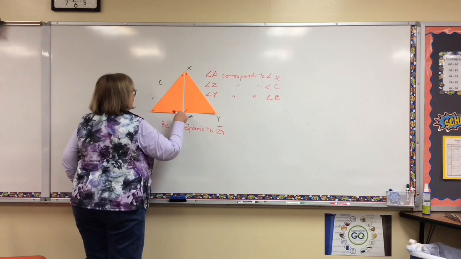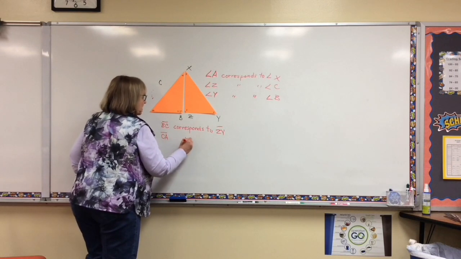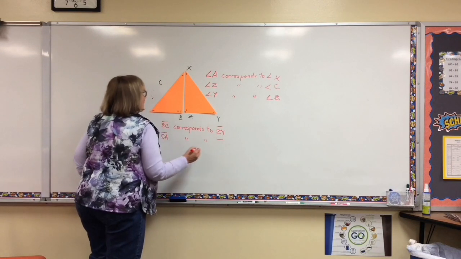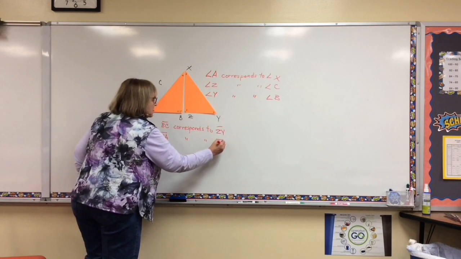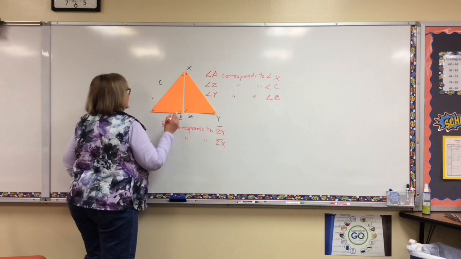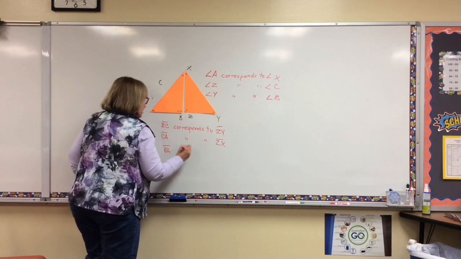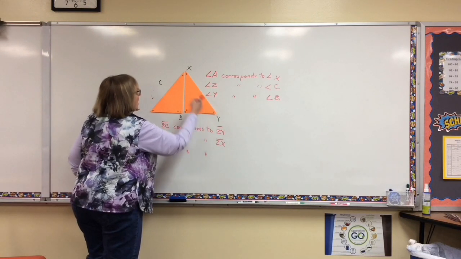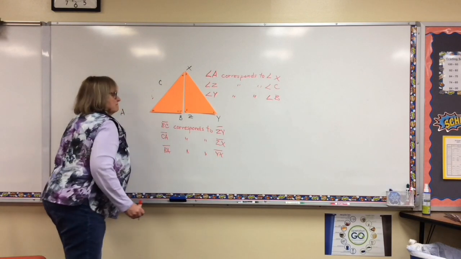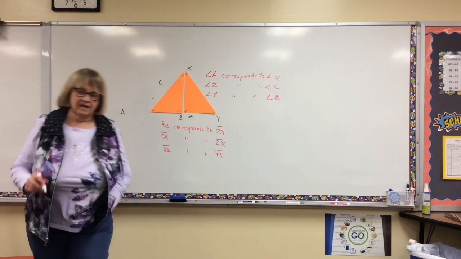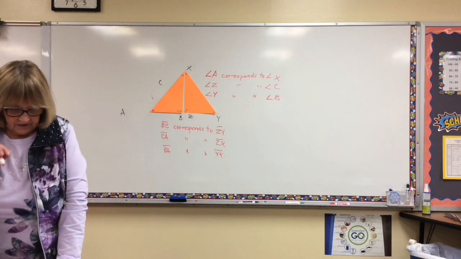And then we'd have CA, line segment CA corresponds to line segment ZX, and then that would leave me with BA corresponds to YX. Okay? Those are corresponding parts.